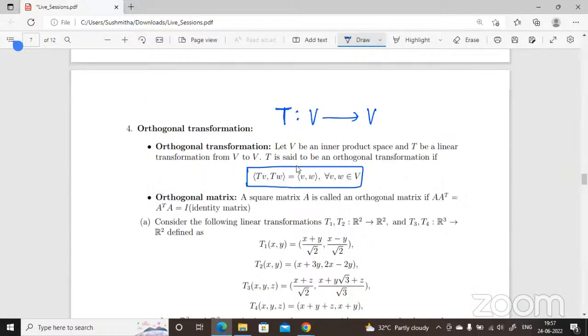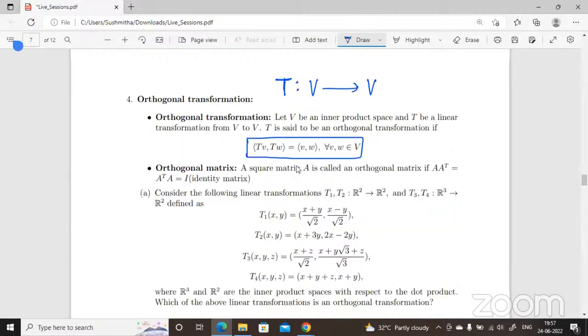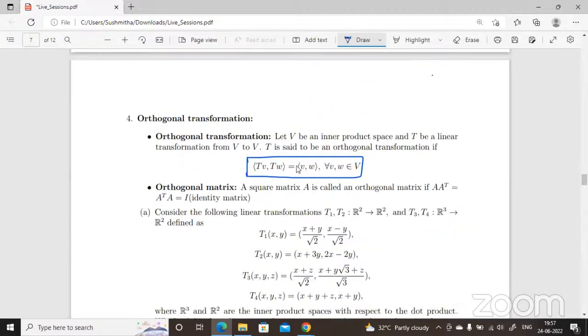So what is happening here? In the same space, V to V, not V to W. Suppose you have R2 to R2, and two vectors, say these two. Suppose the transformation converts them into these two vectors.